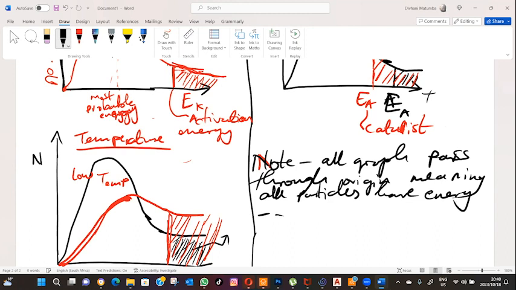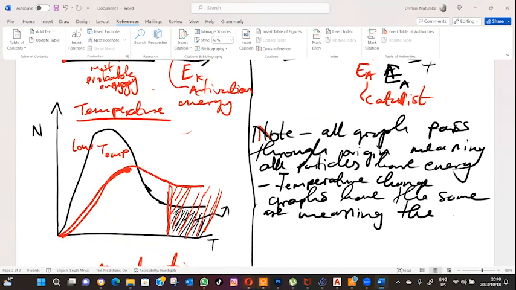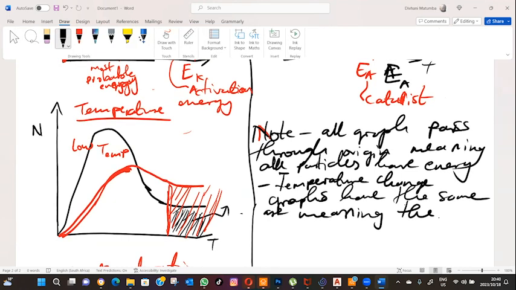Another note that we must make is that the temperature change graphs have the same area, meaning the amount of particles did not change.